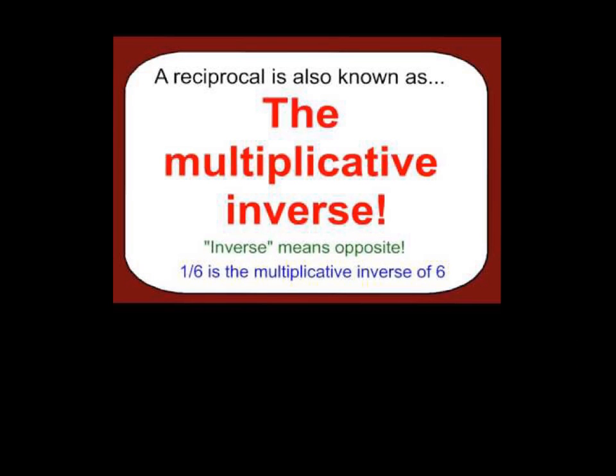So we need to think of a reciprocal as the multiplicative inverse. So think of inverse as meaning opposite. So an example of the multiplicative inverse of 6 is 1/6.